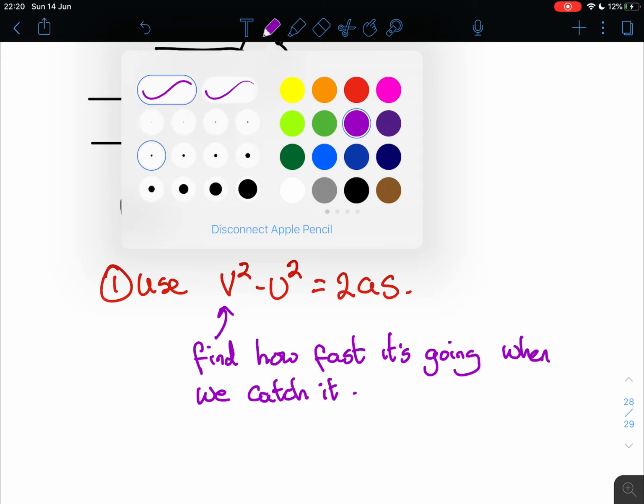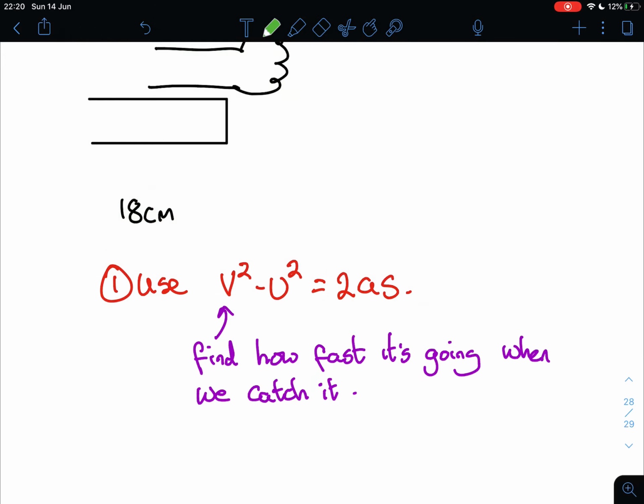One of the things is, if we choose a dark green, one is this is 0, because it's the initial velocity and it's not moving. The other thing we've got going for us is this is gravity. The acceleration is gravity. And this bit here, s, is the displacement.